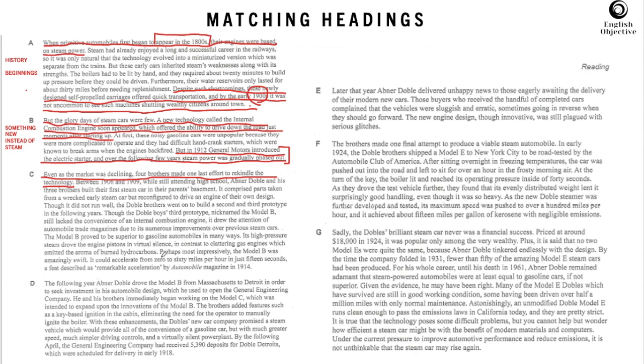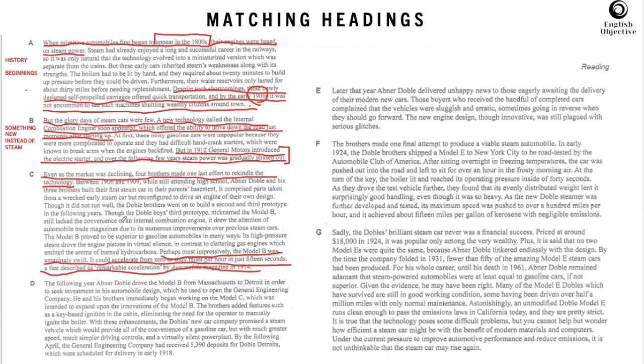Perhaps most impressively, the model was amazingly swift. It was fast. It could accelerate from 0 to 60 miles per hour in just 15 seconds, a feat described as remarkable acceleration by Automobile magazine in 1914.